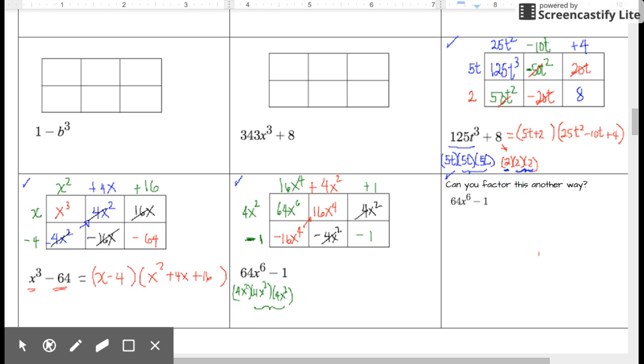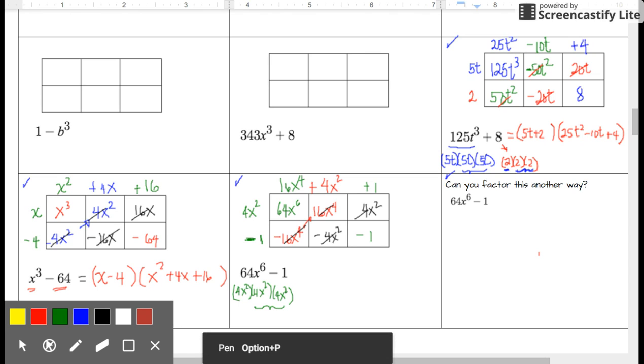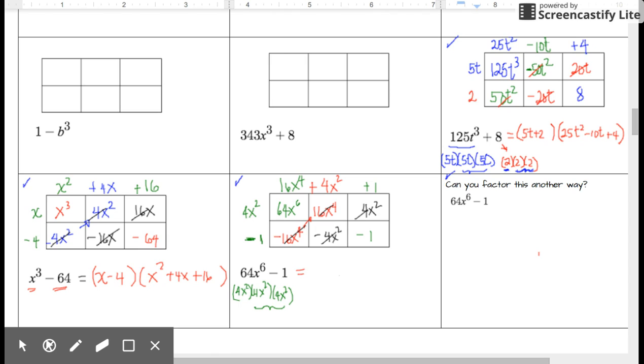So they cancel. Therefore, the product is 64x to the 6th minus 1. And therefore, we can now write the factors. The factors are the length and the width of the rectangle. So the width is 4x squared minus 1. And the length is 16x to the 4th plus 4x squared plus 1.